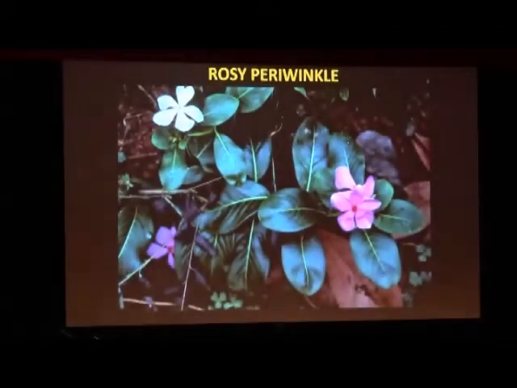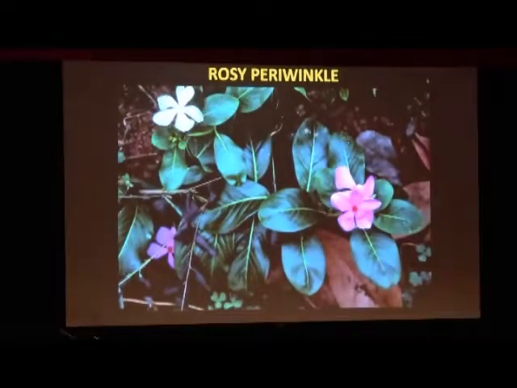A person with lymphocytic leukemia may have a 99% chance that the disease will go into remission because of the rosy periwinkle. It is famous for its anti-cancer properties and the ability to treat many common allergies. This species often produces flowers of 2 different colors on the same plant.